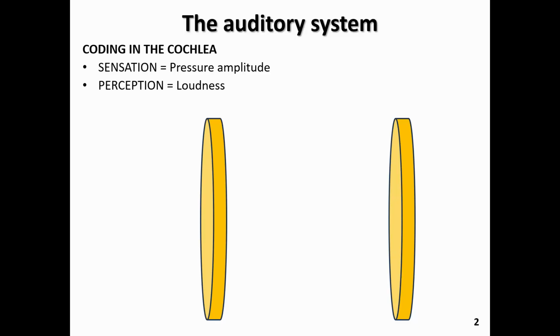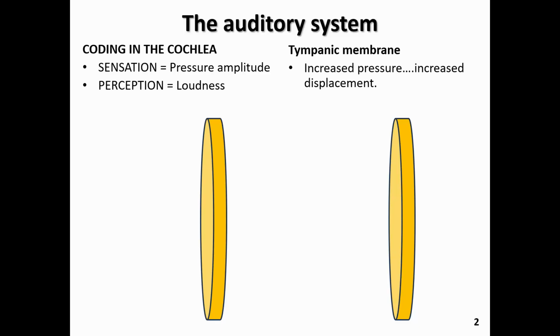But when it gets to the level of conscious awareness, in other words, our perception, we perceive that as loudness. And the mechanism for this originates in the tympanic membrane.